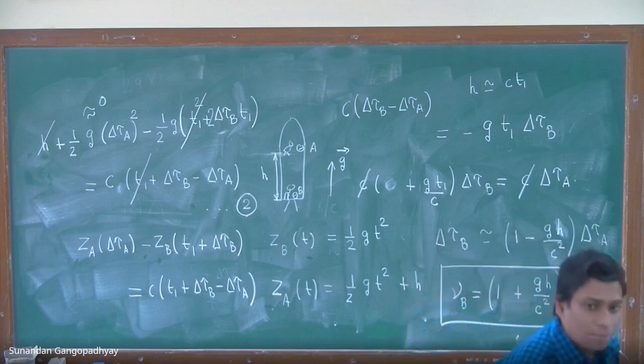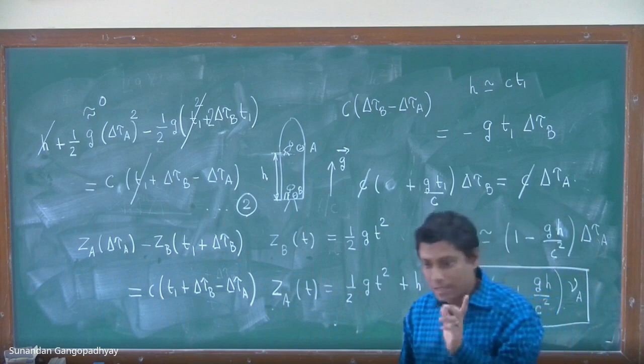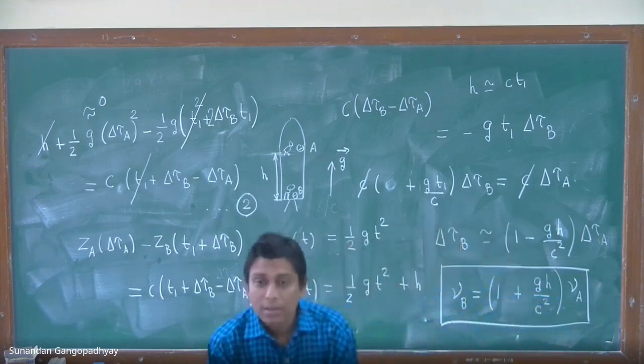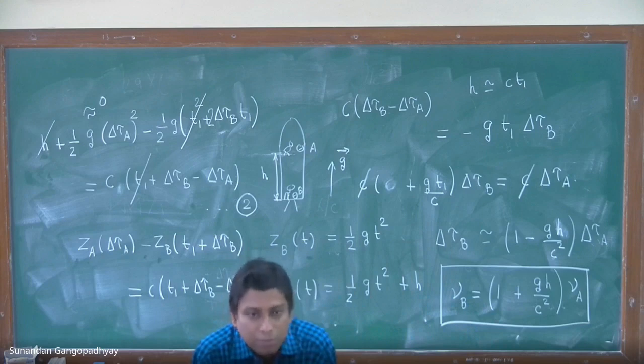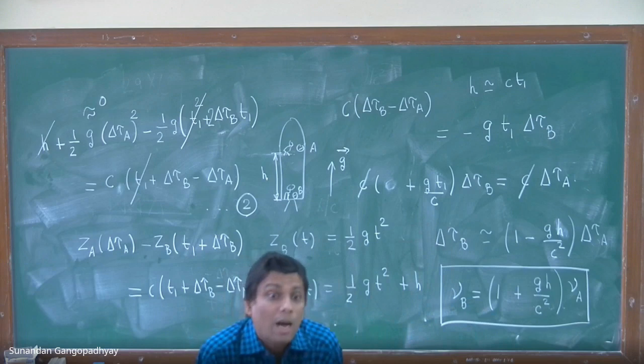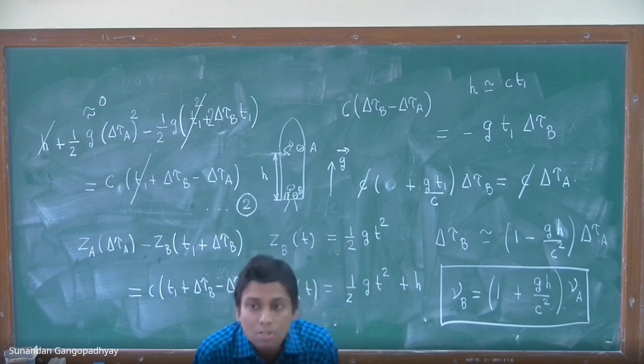Correct. But that is a partial answer, not the total answer. In special theory of relativity time dilation, both the observers will see the other observer's clock run slow. But there is one more crucial point.